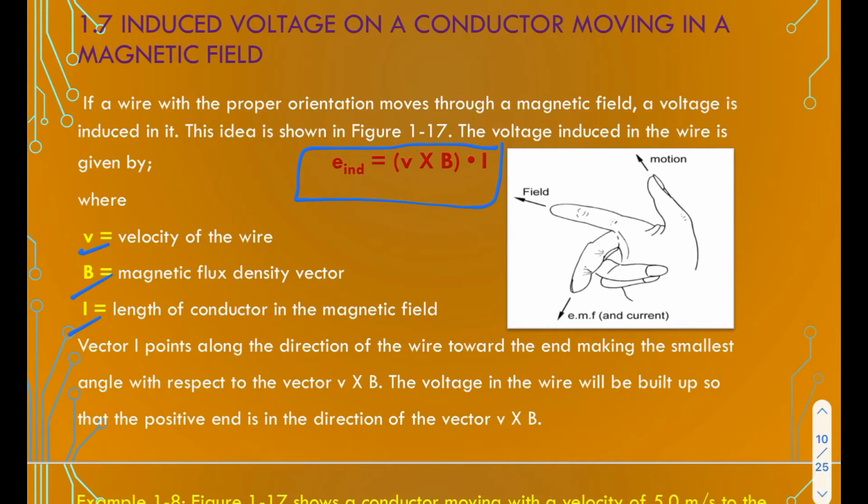Vector L points along the direction of the wire toward the end making the smallest angle with respect to the vector V cross B. You can see this is the direction of the field, this is the motion V, and this is the EMF or current here. Right hand rule.